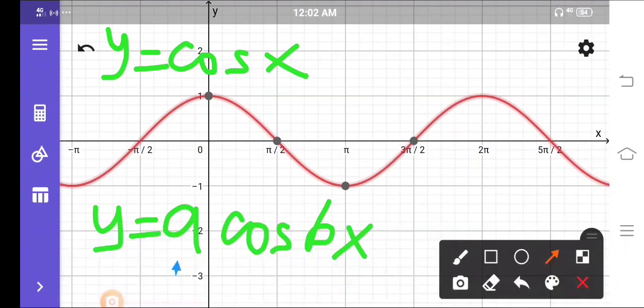So this is a. Again, the amplitude is the absolute value of a. Now, amplitude is the distance or the length from the horizontal line going to the maximum point, or from the horizontal line or the x-axis going to the minimum point.